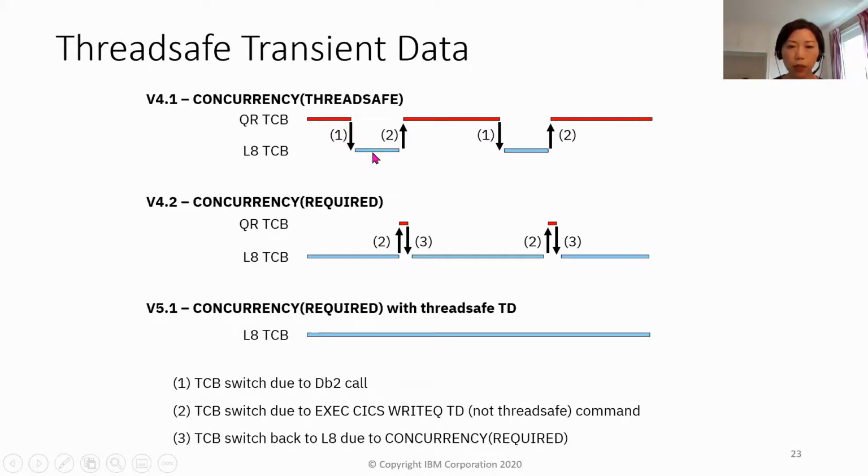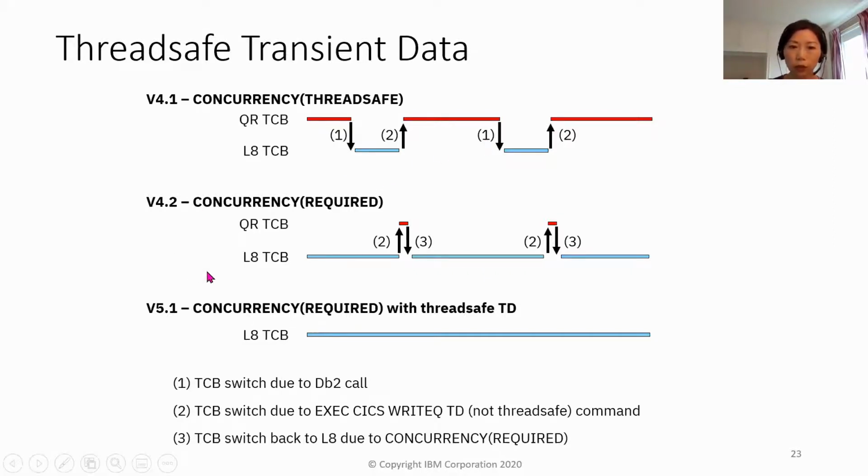And the TCP switch will happen because there is a DB2 call, so it runs on L8 TCP. Then it will go back because the EXEC CICS write queue at that time was not thread safe. So those TCP switches can affect the response time, and also the QRTCP time, because the majority of the time is running on QRTCP, so you will get less throughput because of that.